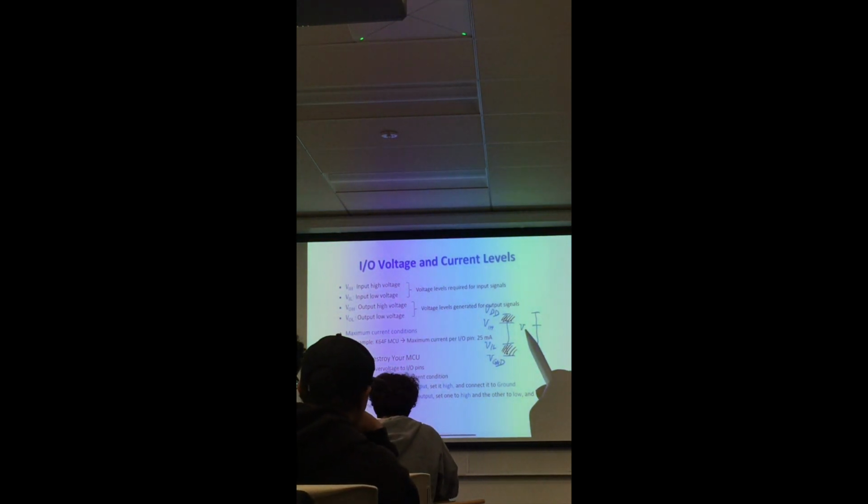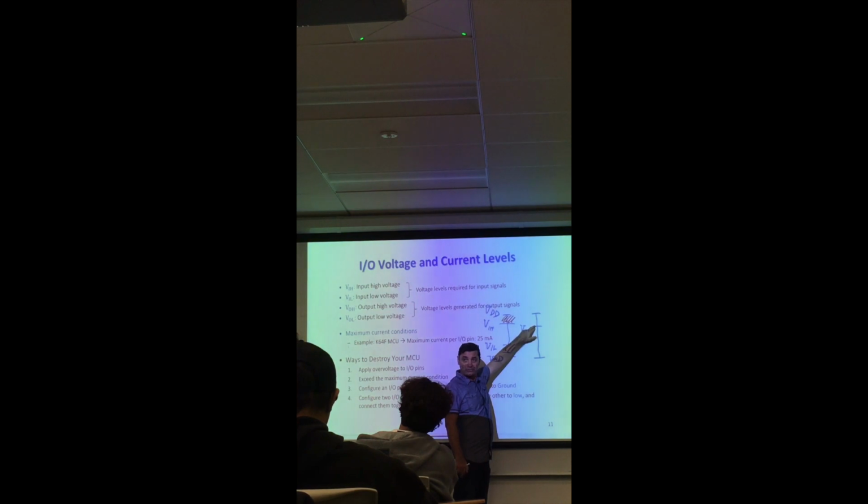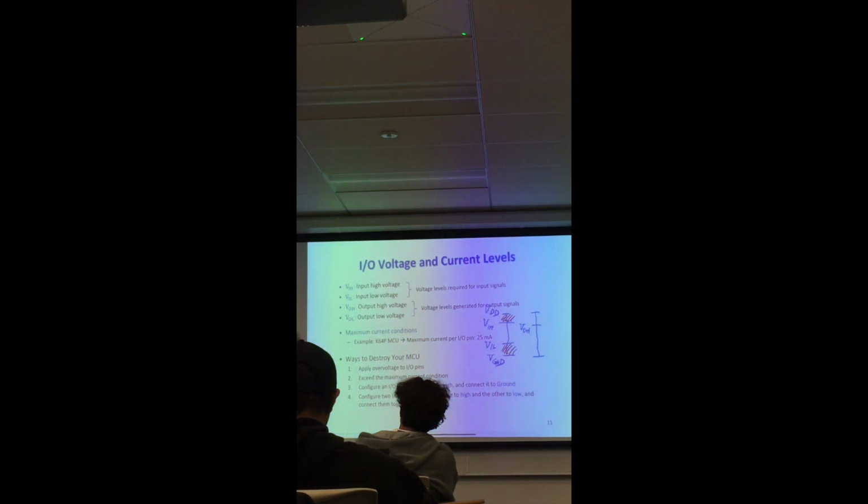So VOH is the lower bound of voltage that the manufacturer guarantees for 1, for true. Which means the manufacturer guarantees that if you output logic 1, the actual voltage present on the pin will fall somewhere in this range. They guarantee it.